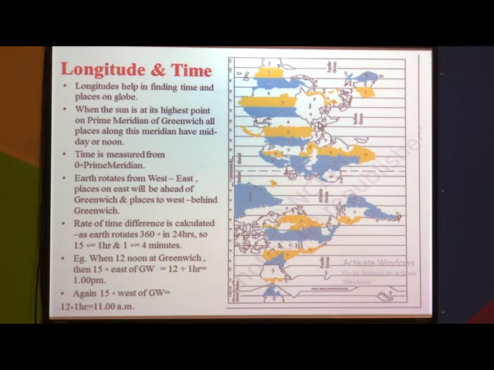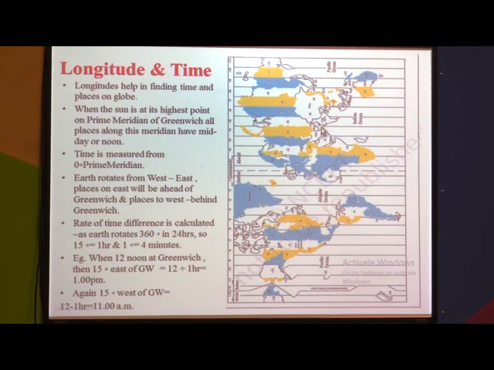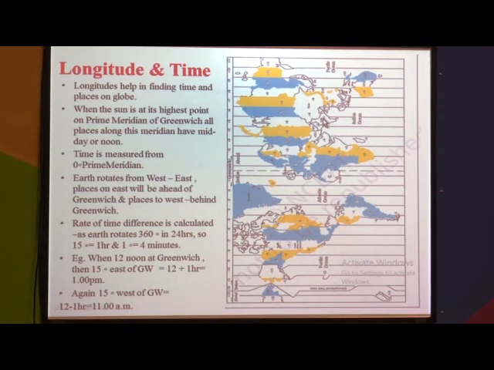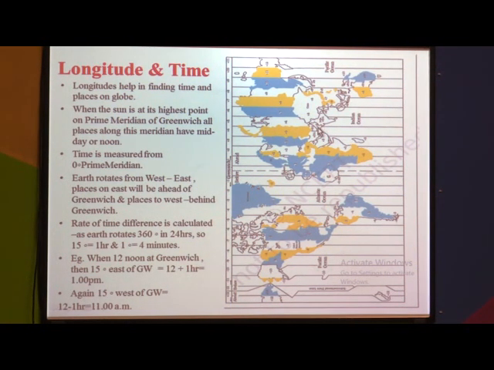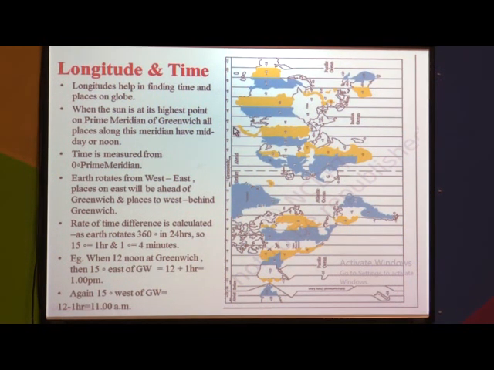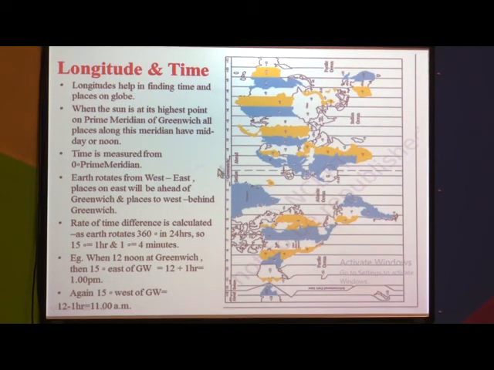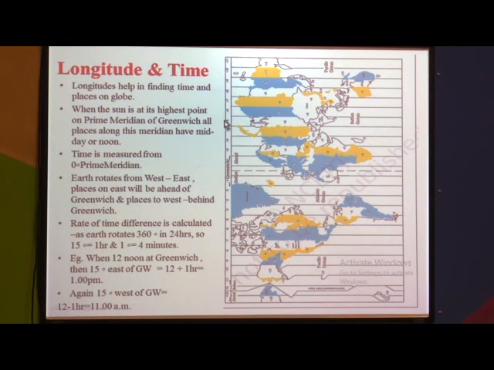Now just see here India. Where is India? India is located on the longitude in between 4 and 5. Let us assume that India is located on this longitude, plus 4. It means if it is 12 o'clock at Greenwich, then what will be the time in India at that moment?